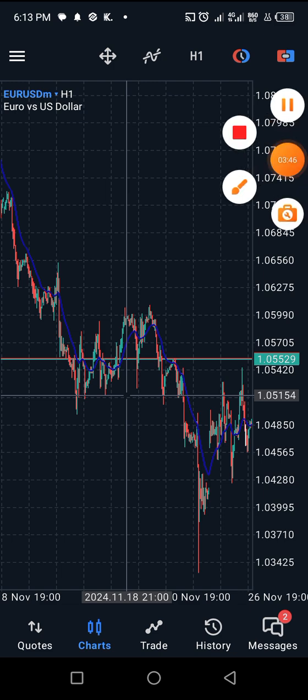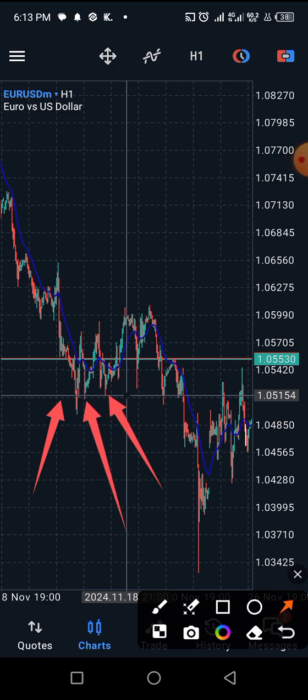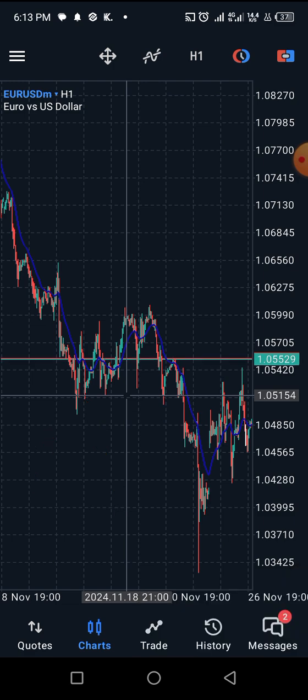You can see price reacted when it got here, that's 1, reacted here 2, reacted here 3, reacted here 4, before price finally broke to the downside with a full body, started going down and did a spike to the downside. All right, so we can say that is an area of support.